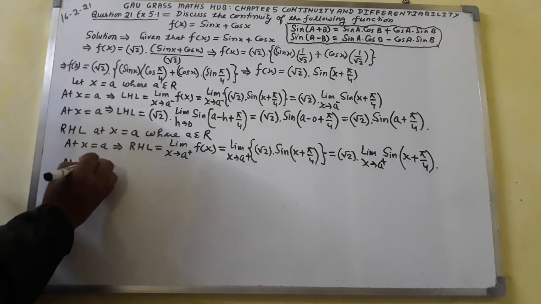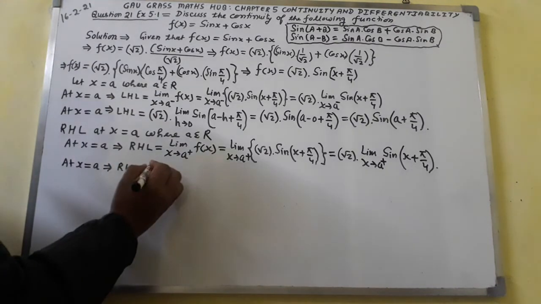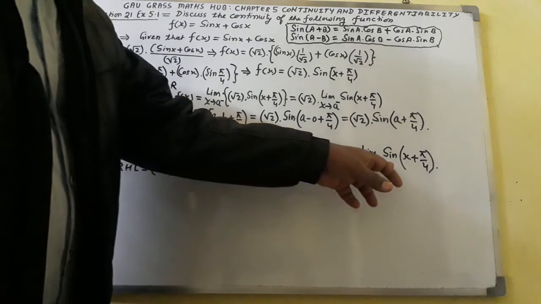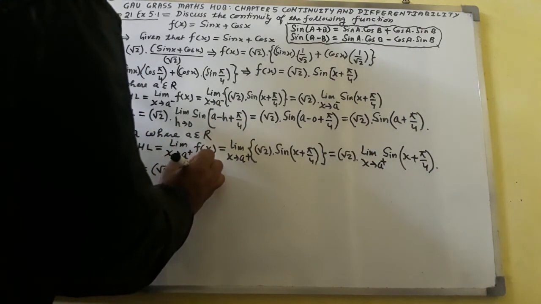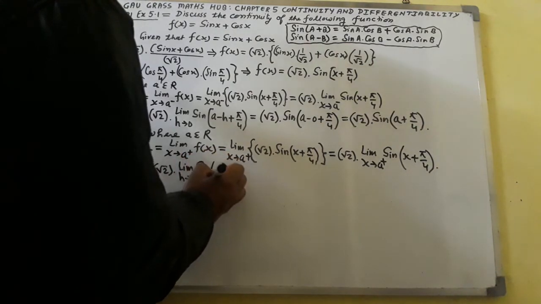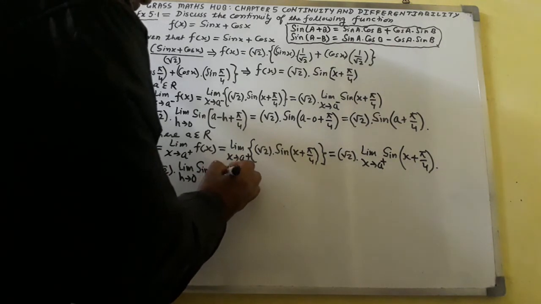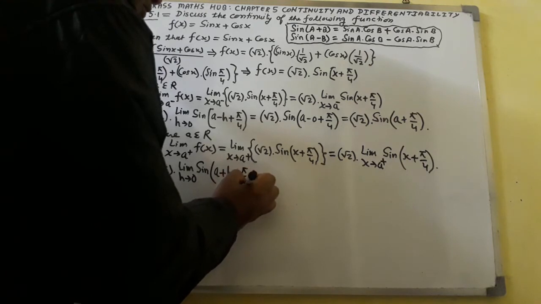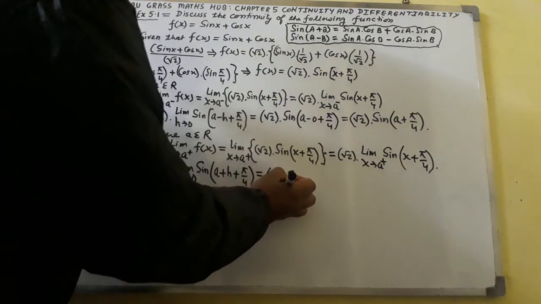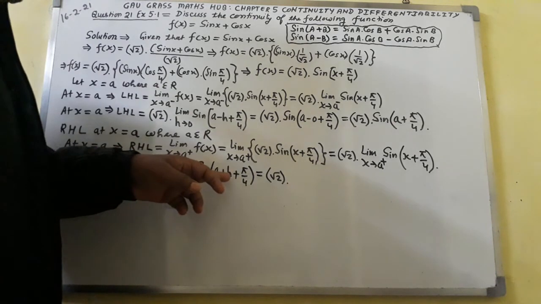At x equal to a implied that right hand limit equal to, here I shall write under root 2 dot, in place of lim x tends a of positive I shall write lim h tends 0 and sin in bracket, in place of x I shall write a plus h plus pi by 4 equal to under root 2 dot, leave h tends 0 from this place, so put here h equal to 0.